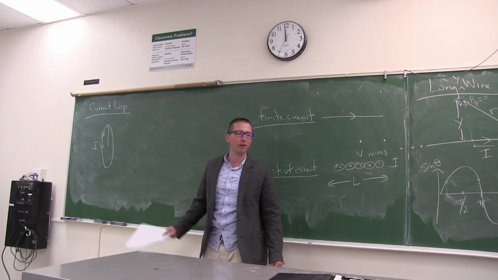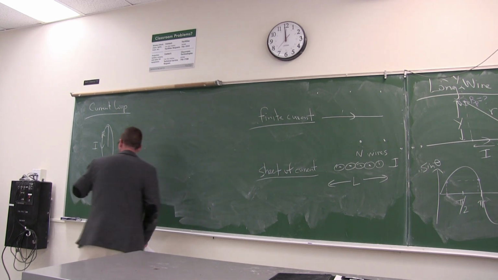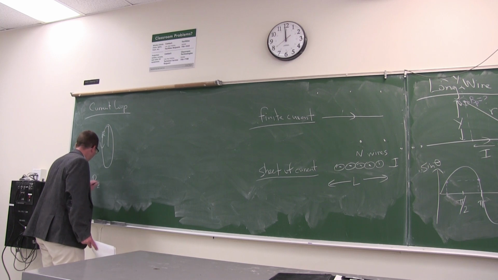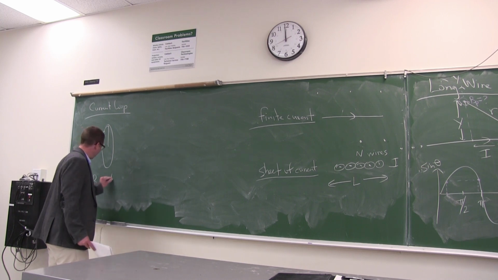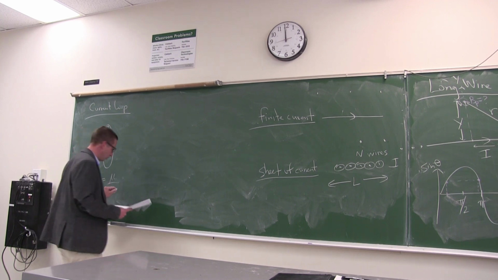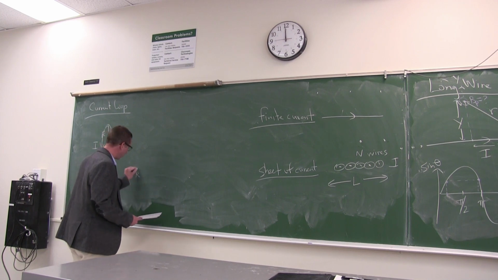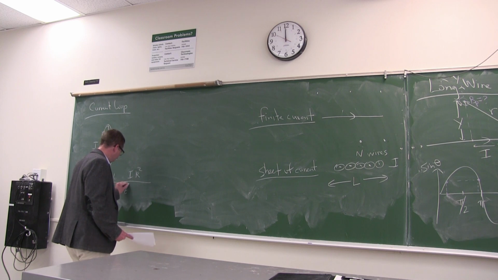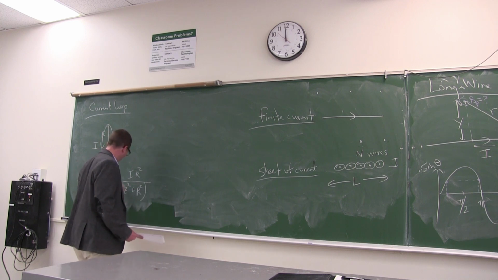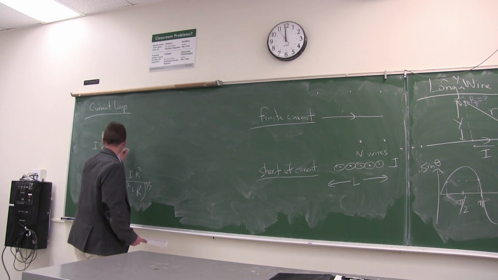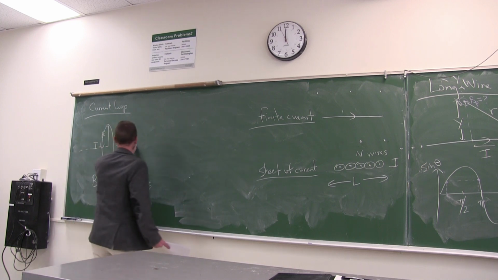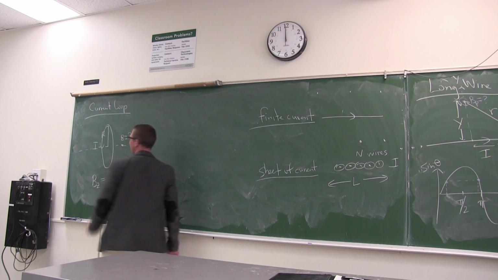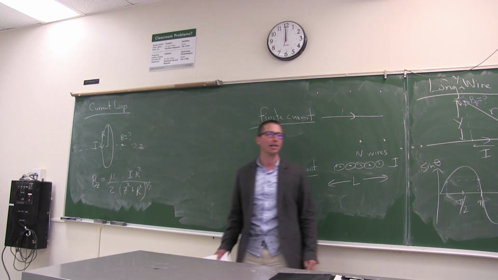The textbook does this, and you'll want to review it. The result is mu naught over 2 times I r squared over (z squared plus r squared) to the 3/2. Here's my z-axis, and I can ask, what's the magnetic field at any point along the axis of that loop?